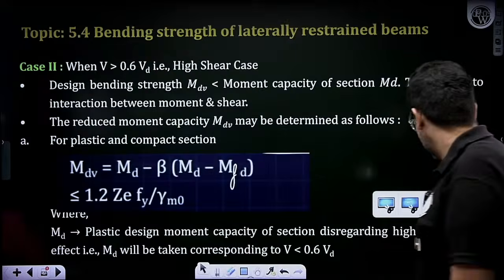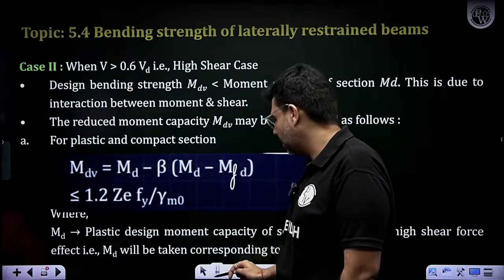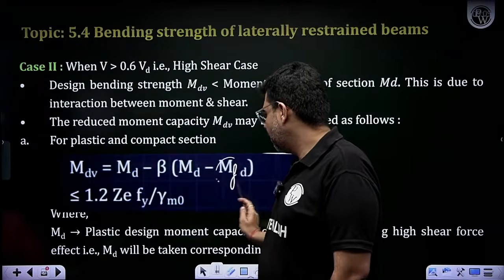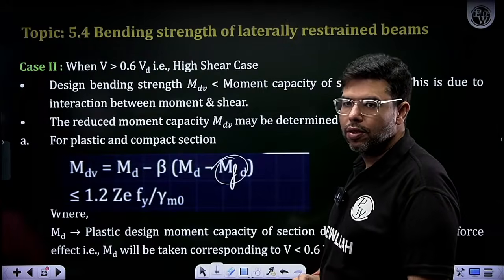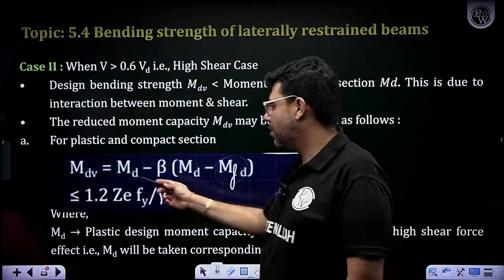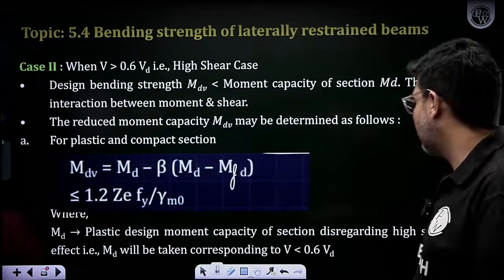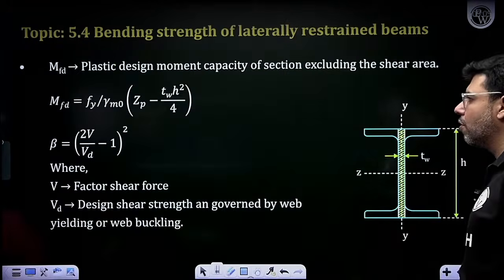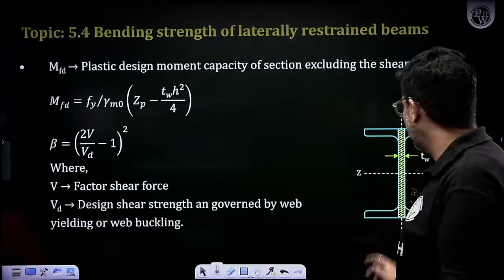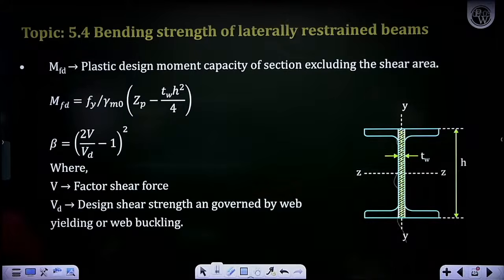This should be less than or equal to 1.2 Ze fy by gamma m0, where Md is the design moment capacity as computed for the low shear case, whereas Mfd is the design moment capacity obtained by omitting the web area, by excluding the shear area.